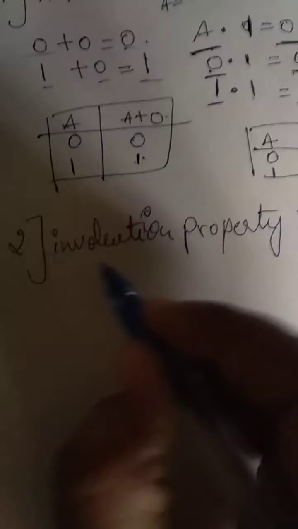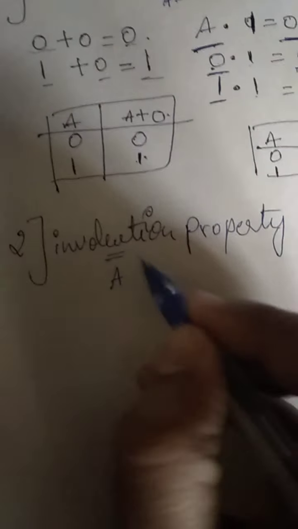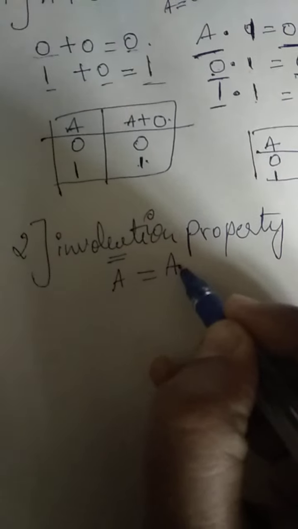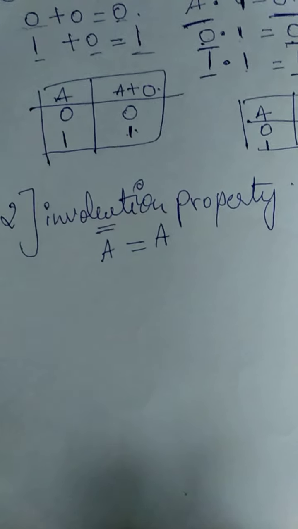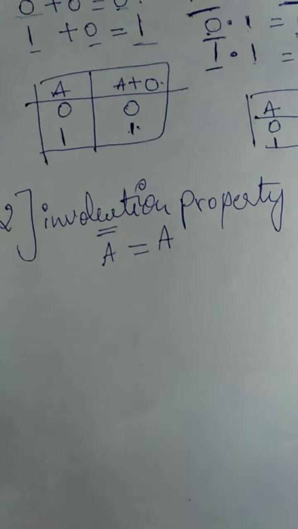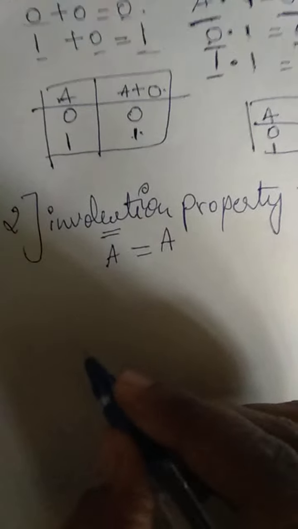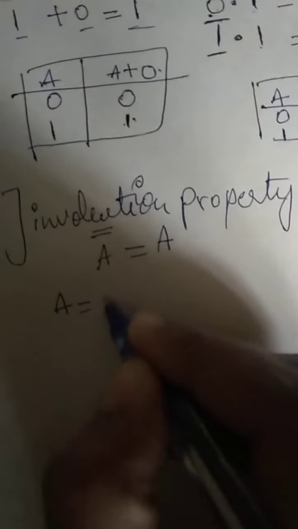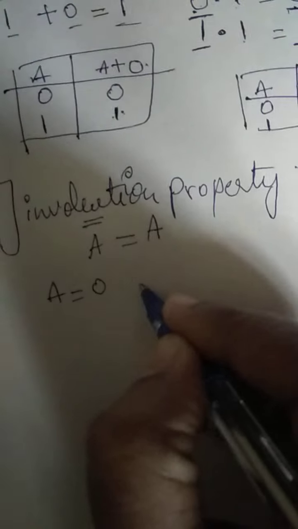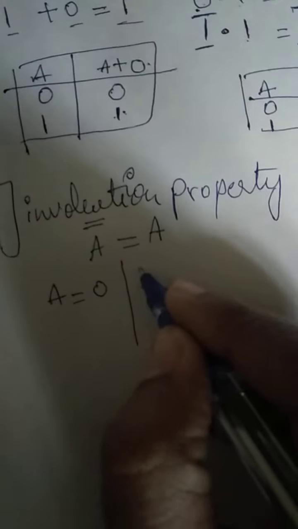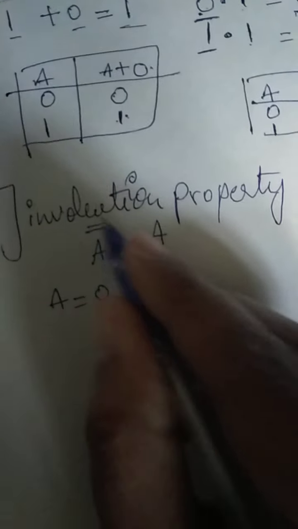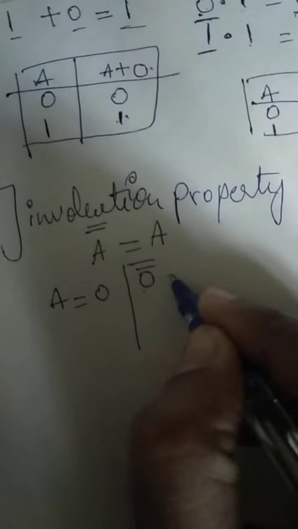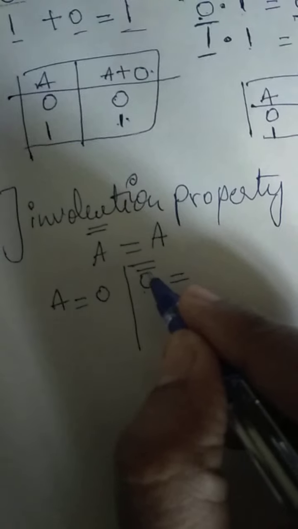For example, if we take a double bar, it will give the answer as a. Let's see this with an example. For example, a value is equal to 0. If a is 0, then for a double bar, first we need to take a single bar of 0.